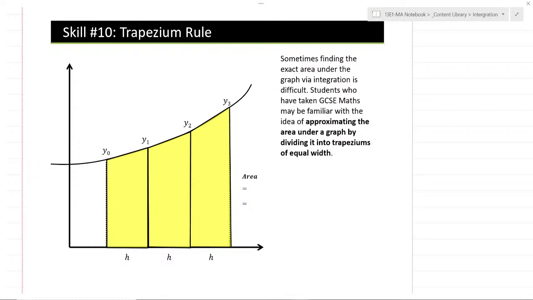Sometimes you can't find an exact value for something. So you've got to know other methods to find an approximate value of the area underneath it, in which case the trapezium rule is one of those methods. It's all about splitting it up into equal widths and then turning them into trapeziums.